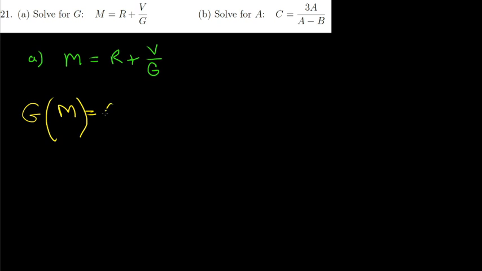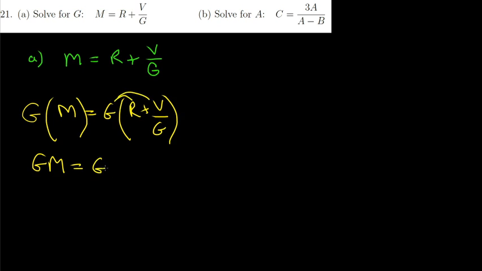So on the left and on the right. Okay, so on the left we just get gm. On the right we get g times r, plus g times v divided by g. So by multiplying both sides by g, we end up canceling the g in the denominator, right?